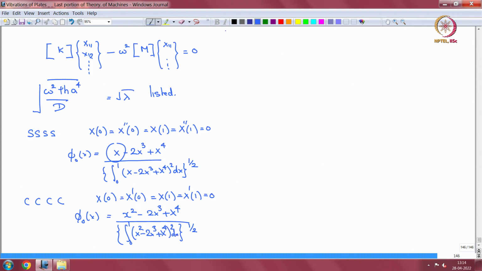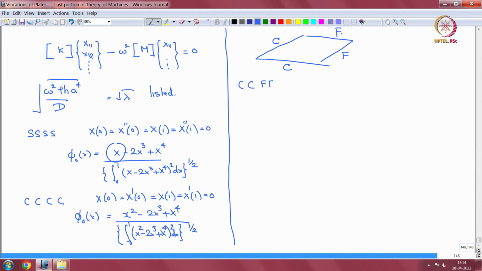And if one edge is clamped, the other is free. This is clamped and this is free, and this is clamped and this is free. Then what do you have? So clamped, clamped, free, free. Then X of 0 is equal to X dash of 0 is equal to X double dash of 1 is equal to X triple dash of 1 equal to 0.